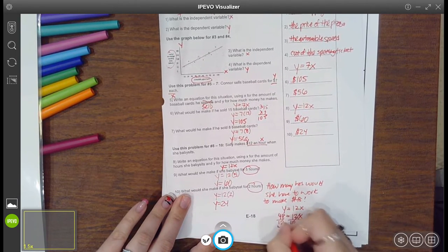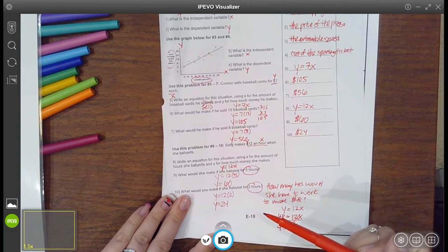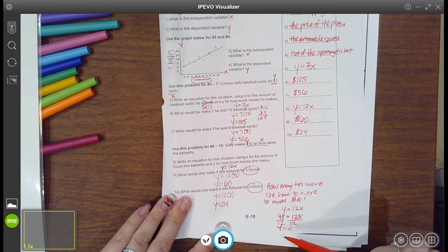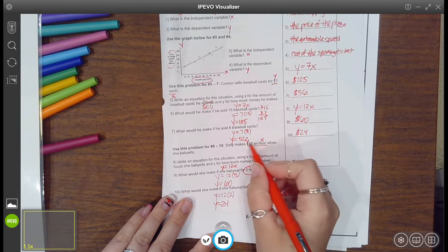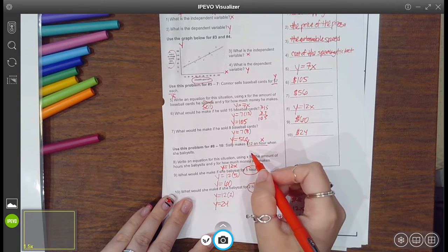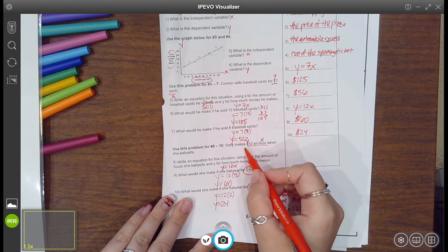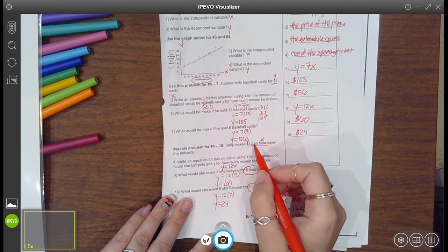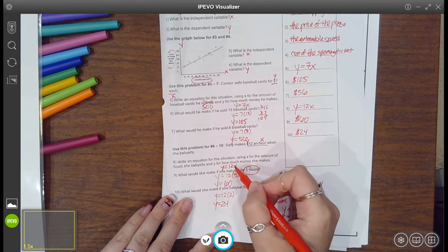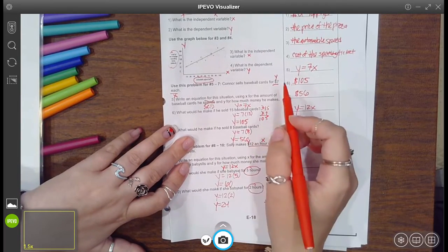I just wanted to give you one of those because I noticed that all of these had you substitute in for X. Sometimes they make you substitute in for Y. So it's important to know what X and Y are standing for and use your rate to help you figure that out. The rate is usually by the word each, per, every, and it goes Y per X. So it tells you Y is talking about the total amount of money, X is talking about the number of hours, and then 12 is your rate that gets multiplied by the X. Okay, this one was $7 per card.